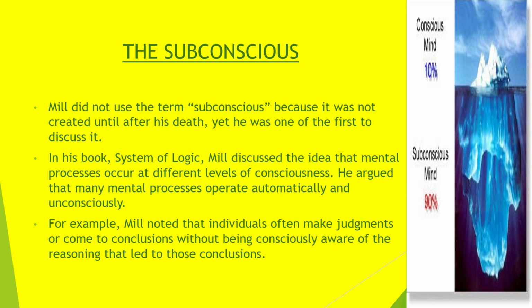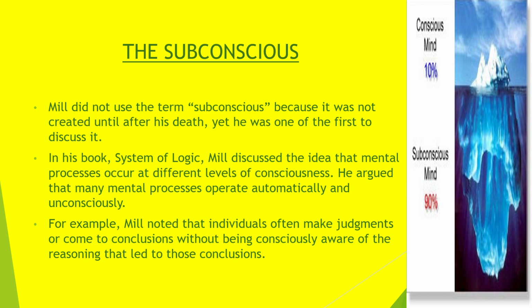In terms of the subconscious, Mill didn't coin the term subconscious. The term didn't actually come into existence until later, I think it was 1889. A different person came up with that term, but he talked about the idea in some ways independently of having that term coined.